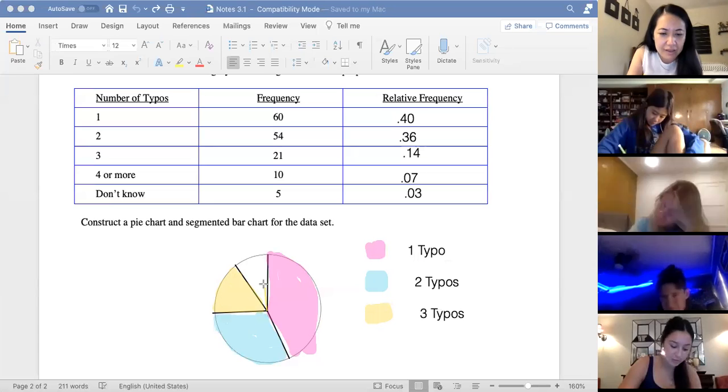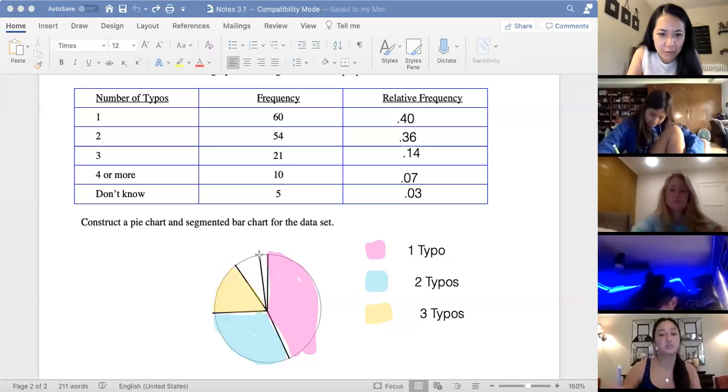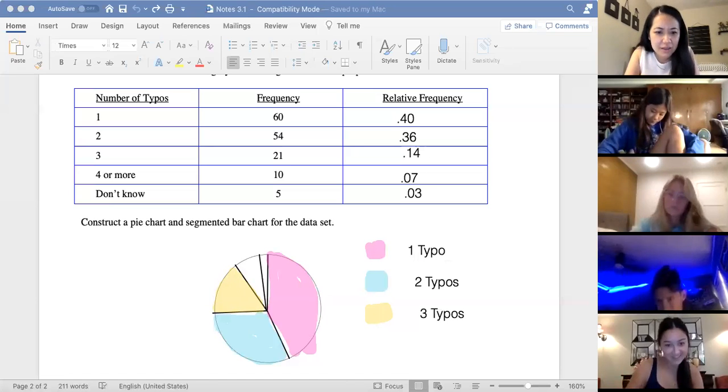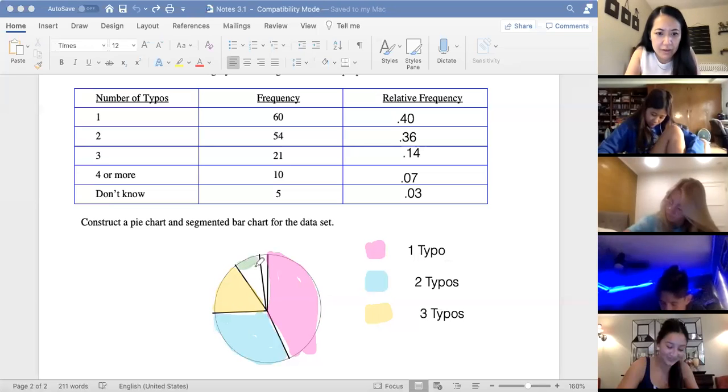Okay, and then the 7 and 3. So 7 is more than double the 3, so I'm going to make that piece more than double that remaining piece. Make that green. And let's do the last one purple.